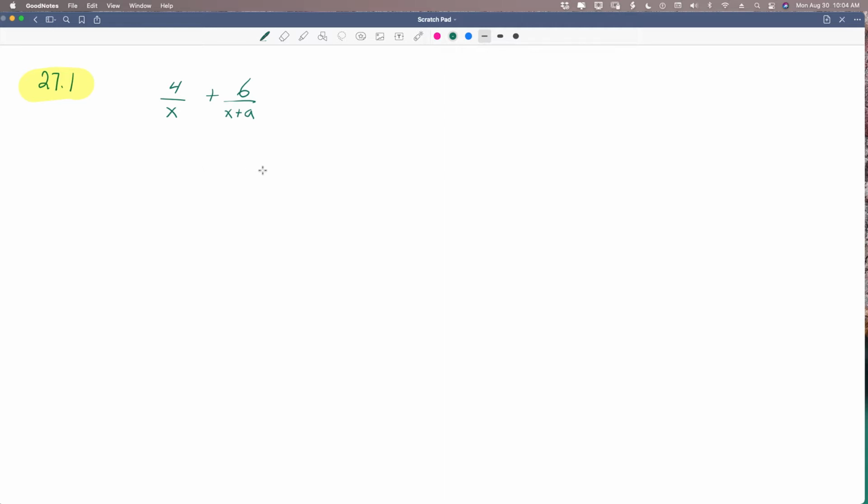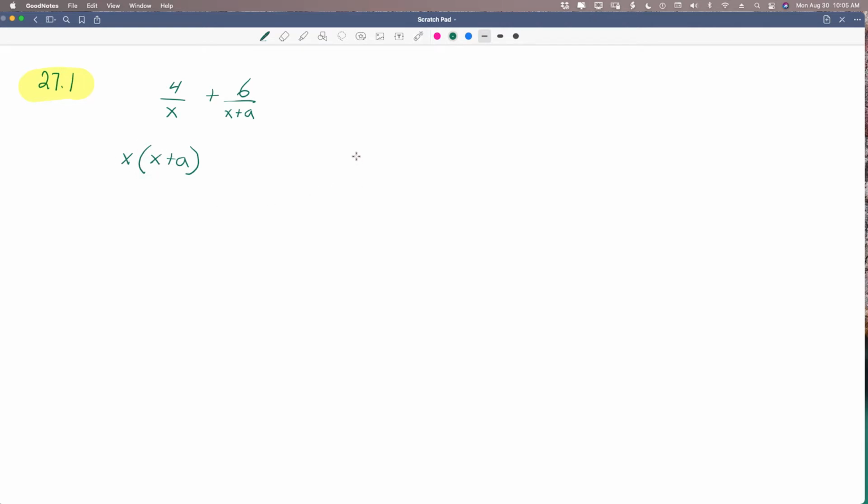So that means that the least common denominator is going to be x times x plus a. That's all it is. And what we'll do is we'll continue to multiply this fraction by the opposite denominator so that they have the same denominator here.